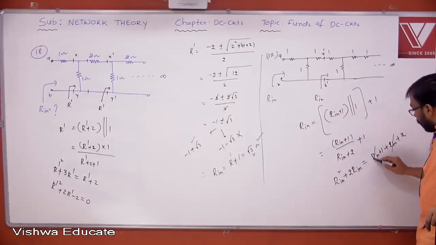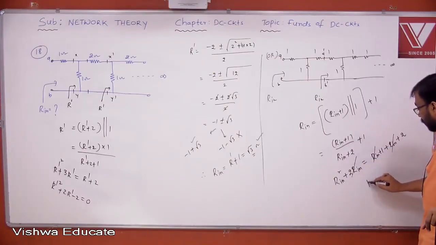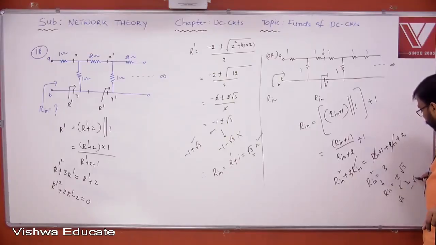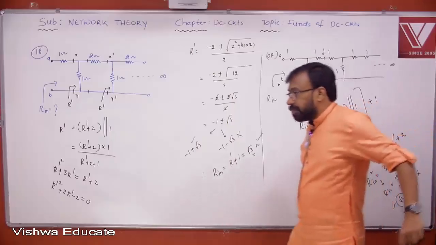Rn and Rn, this 2Rn gets cancelled. Then Rn square is equal to 3. Then Rn is equal to plus or minus root 3. But you know that this minus doesn't work. There is no negative resistance. Therefore, this is the right answer.